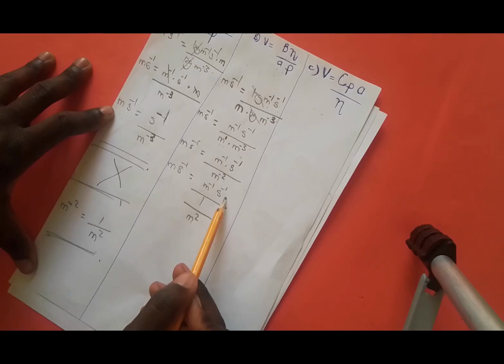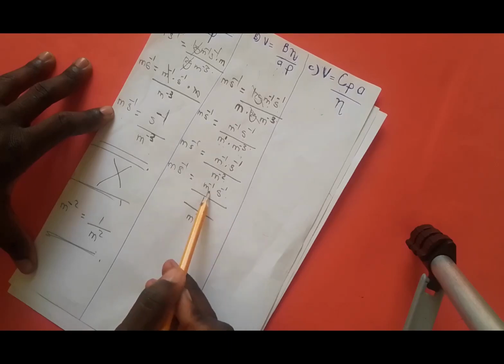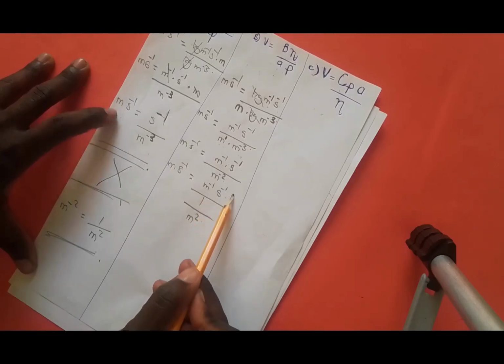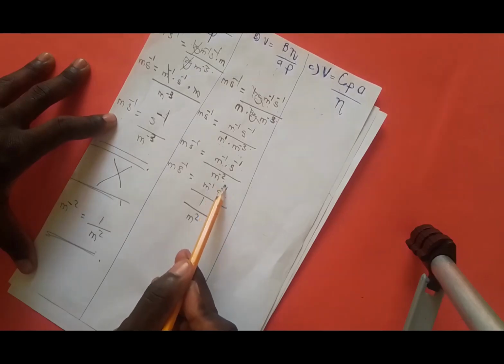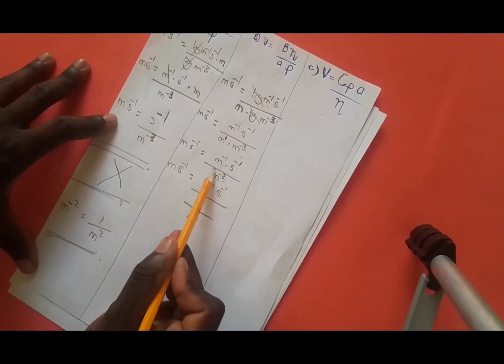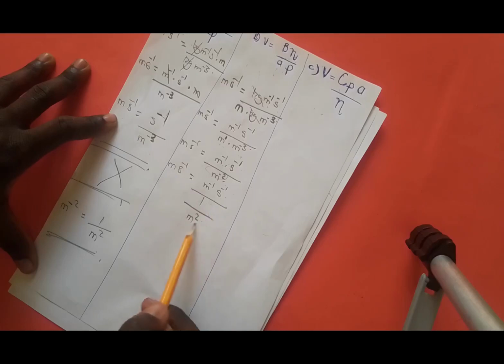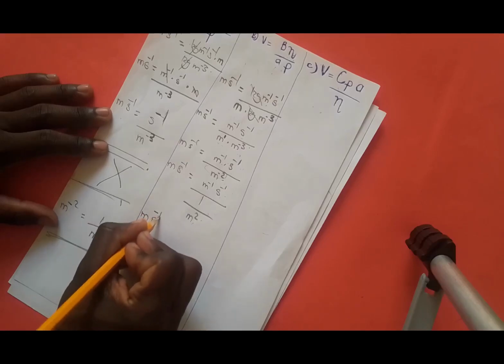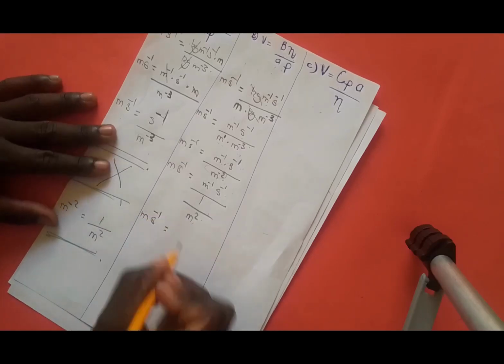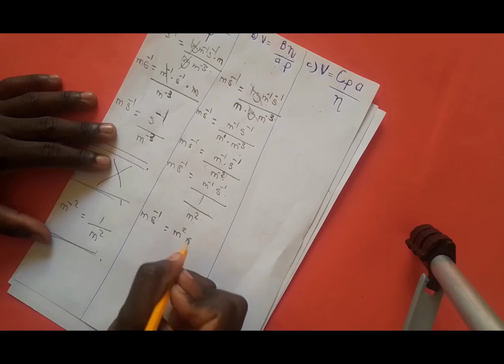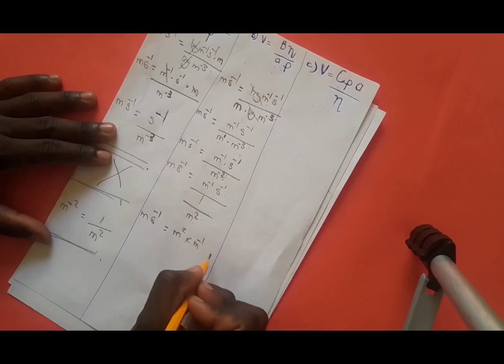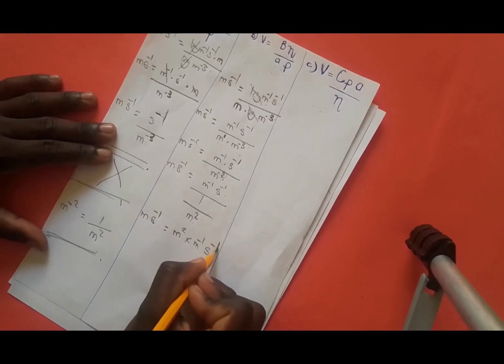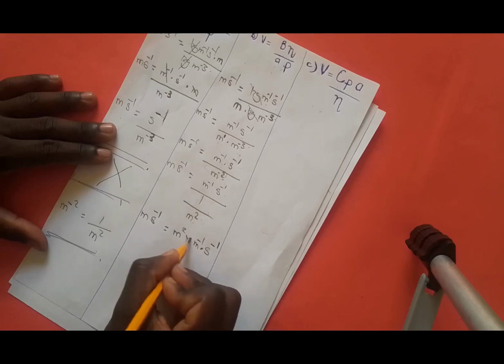So the numerator stayed the same for the moment, which is m to the power negative 1 s to the power negative 1. Then the denominator, which is m to the power negative 2, is the one we have simplified to 1 over m squared, right? Further simplification here will lead to m to the power negative 1 equal to m squared times m to the power negative 1 per second, right?